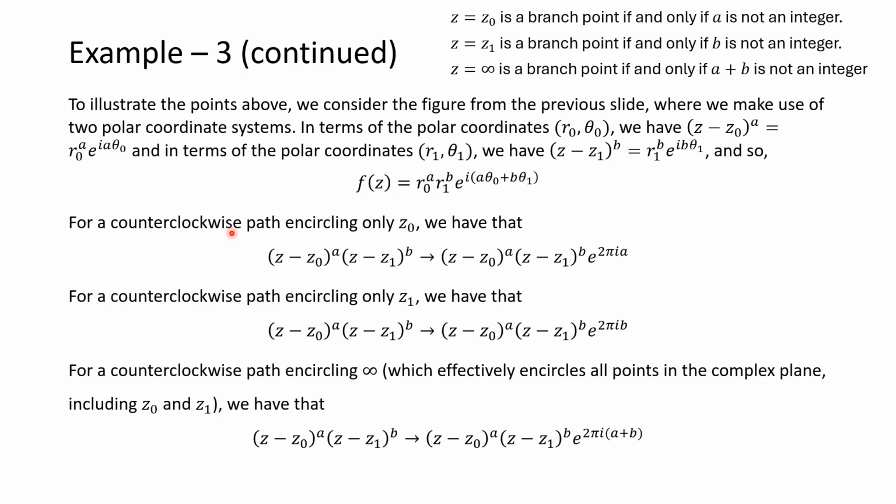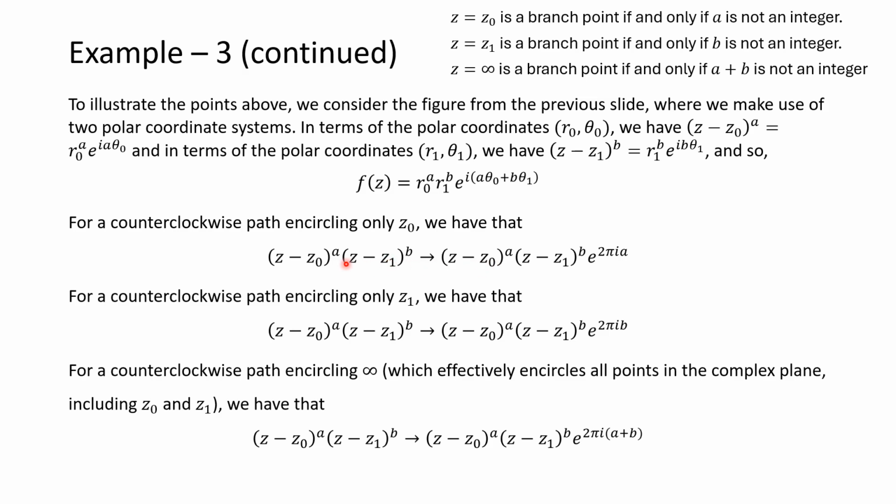If we go counterclockwise along a path that encircles z₀ but not z₁, the (z − z₀)^a gets mapped to (z − z₀)^a e^(2πia), but the (z − z₁)^b just gets mapped to itself since we're not circling z₁.